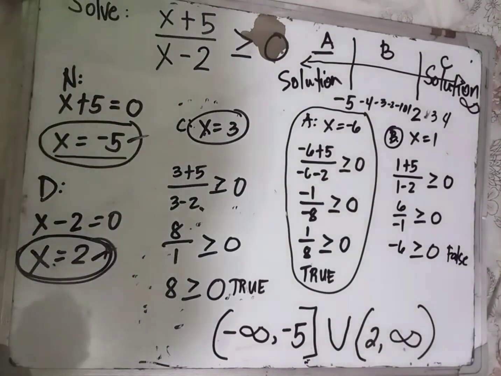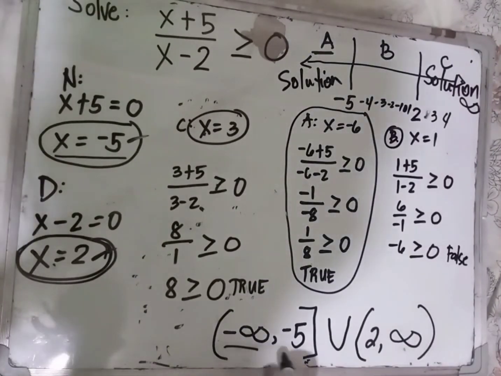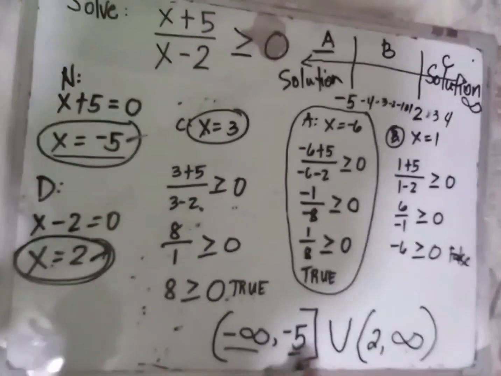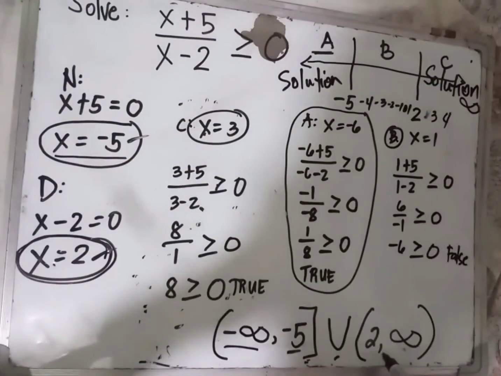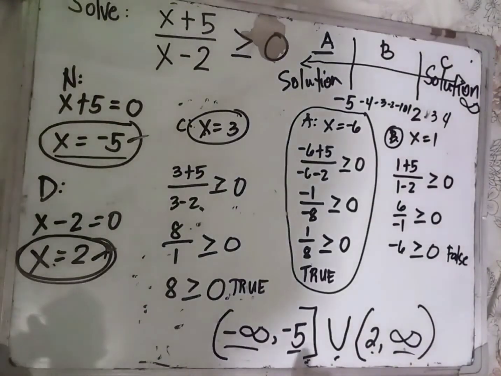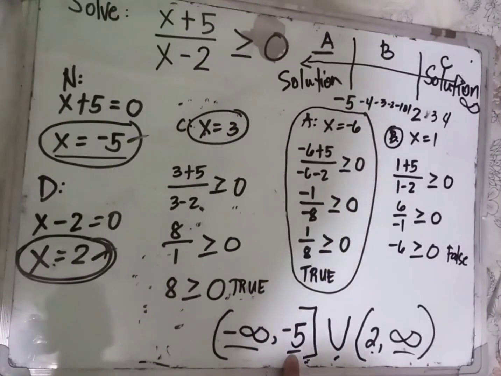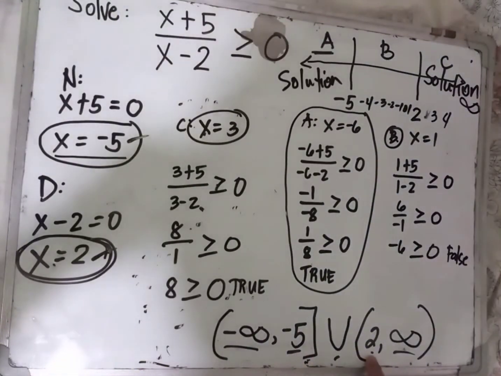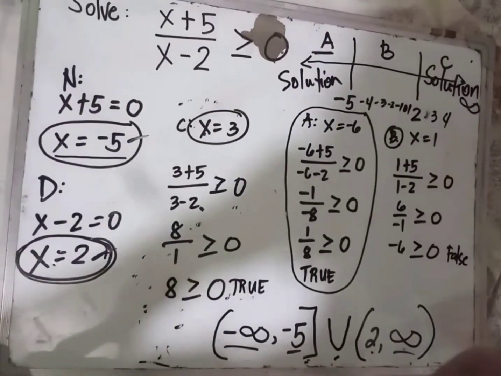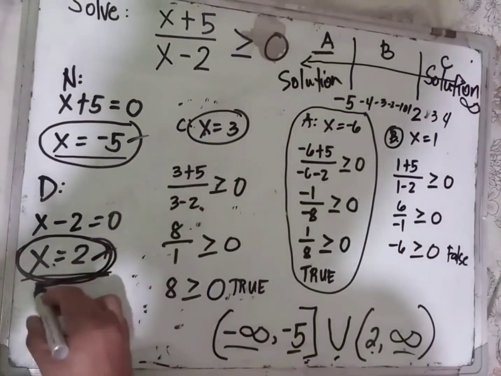Okay, so ang solution natin makita natin from negative infinite numbers to negative 5, union positive 2 to positive infinite numbers. So included yung negative 5 part solution. This one positive 2 is not included, but still it is a meaningful numbers.